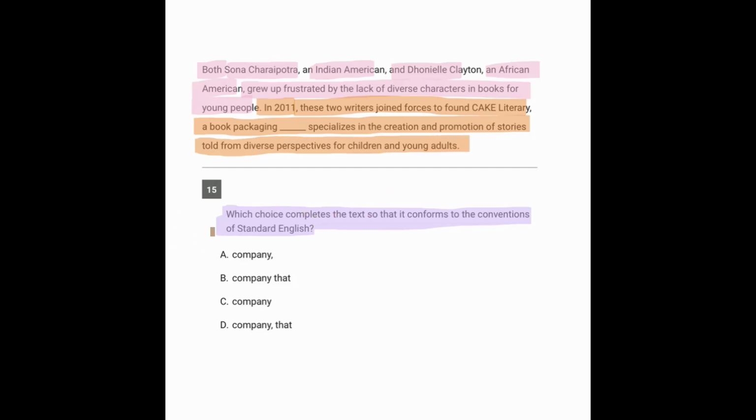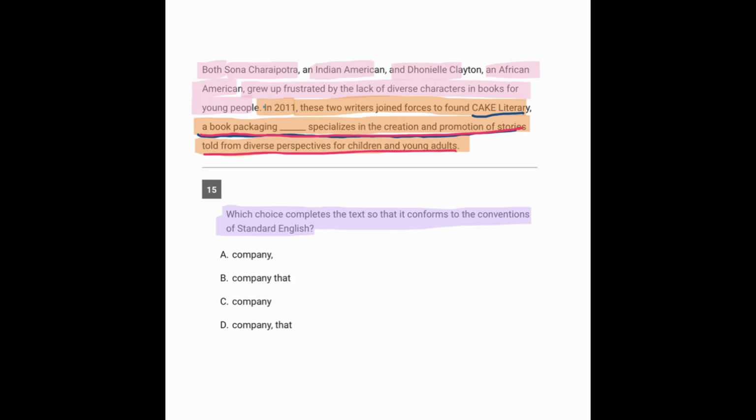So, we don't really have any need for a comma here. We're hearing that they founded Cake Literary, a book packaging company that specializes in the creation and promotion of these things. If we're categorizing the grammar here, this part that I'm underlining in pink would be considered a modifier.